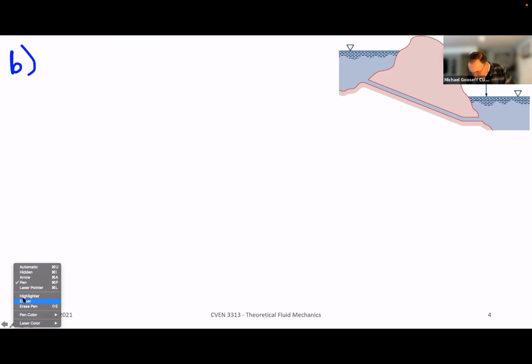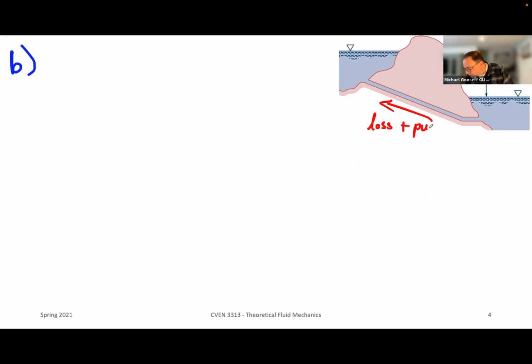Let me change colors. I'll go back to red. So for part B, we're going up this way, and we have loss plus pumping, and this is now 1, and this is now 2, okay? Which now finally lines up with my conceptual model that I had incorrect before.